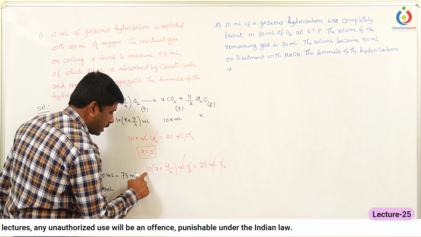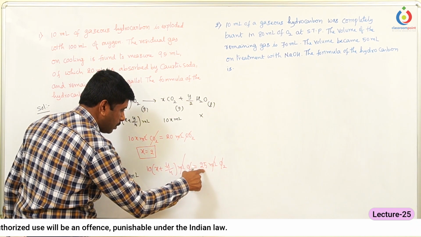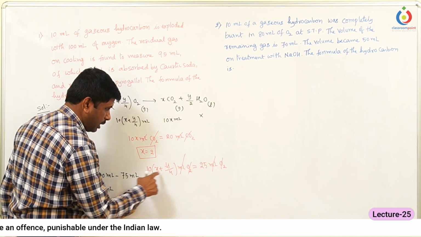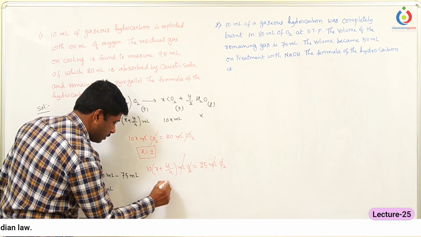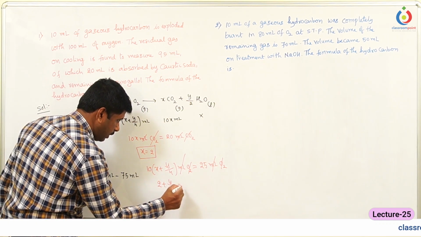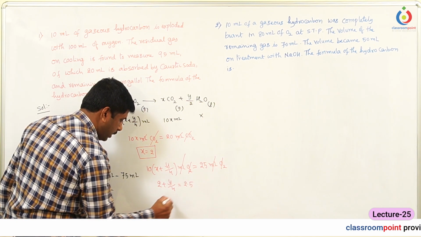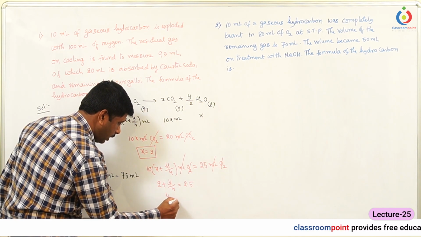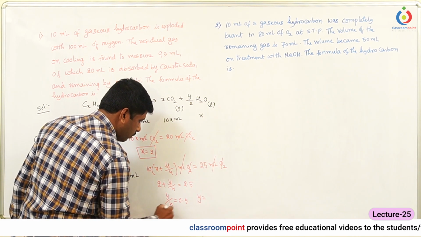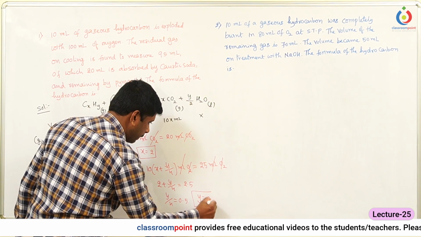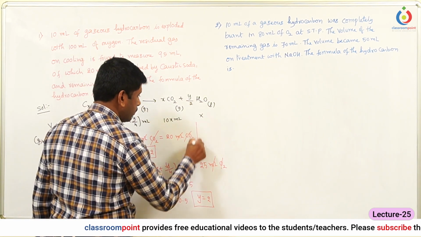This equals 10 into (x plus y by 4) equals 25. Dividing by 10 it becomes 2.5. The x value is 2, so 2 plus y by 4 equals 2.5. Y by 4 equals 0.5, y equals 2.